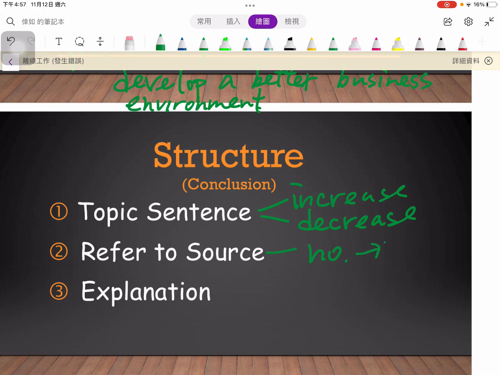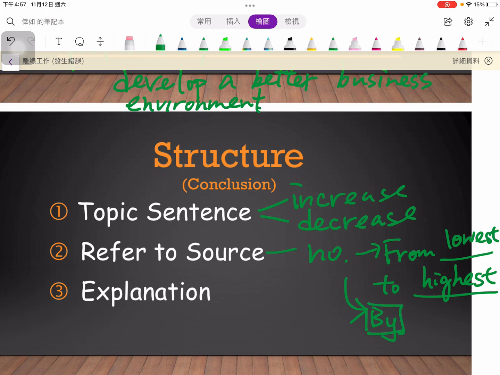Either you can use from the lowest number to the highest number, or you can use the word by. Then you have to do some calculation. That means using the highest number minus the lowest number, and put the answer back after by.